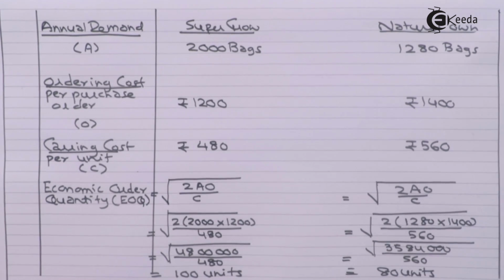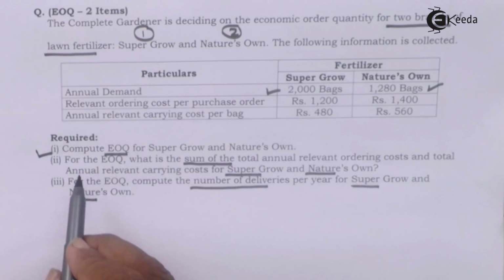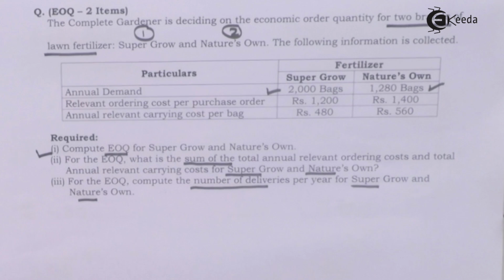So in case of Nature's Own, economic order quantity is 80 units. For both the products, we have calculated economic order quantity.